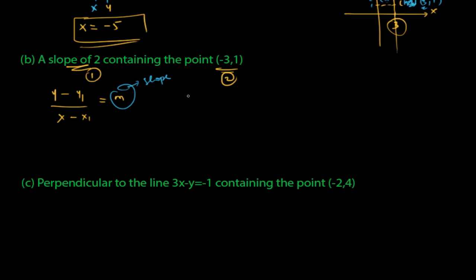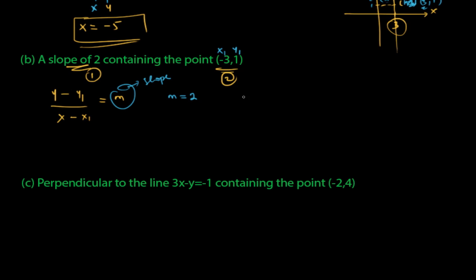Now looking at this, my m is the slope, so I'm given my slope to be 2. So that is, my m equals 2, and then I've been told that it passes through the point -3, 1. So this is going to be my x1, this will be my y1. So let's substitute these values in so we can find the equation of the line.